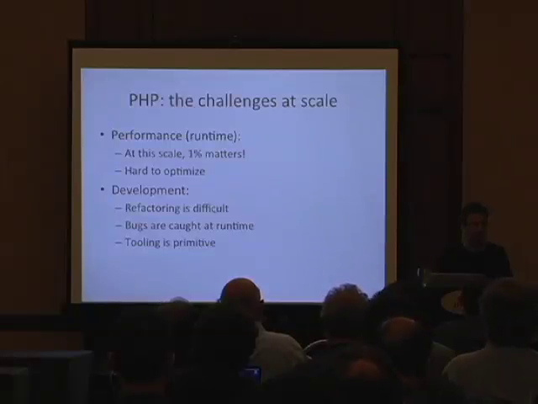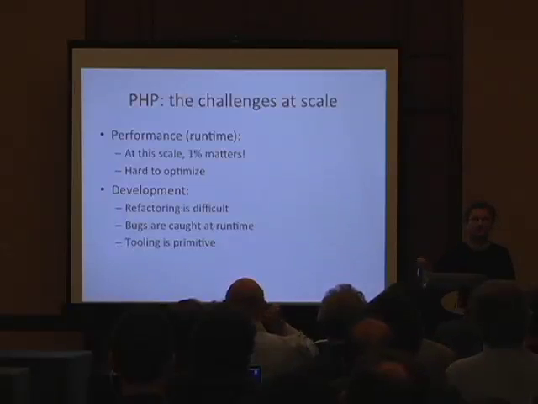Now, the problem is that PHP at our scale comes with many challenges. So the first one is performance. I'm talking about runtime performance here. We have many, many machines, and at this kind of scale, even 1% regression in CPU is completely unacceptable, because more CPU time means more machines, and that has financial implications.